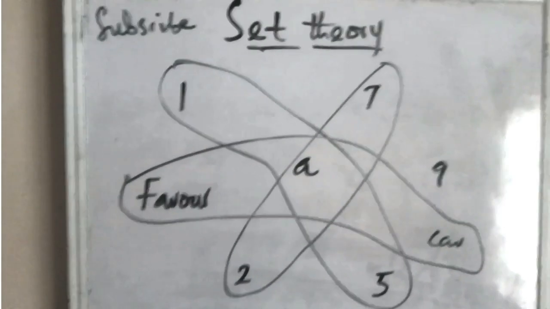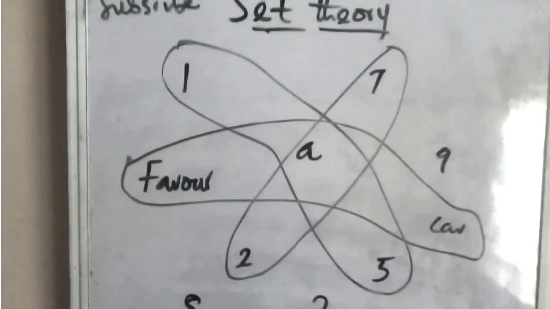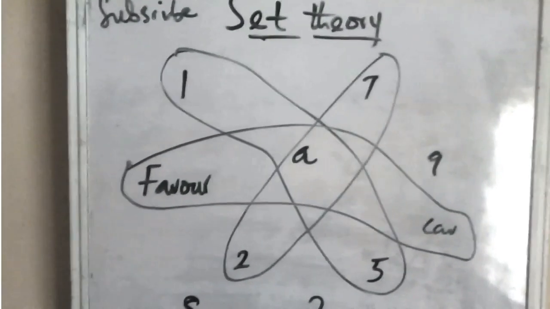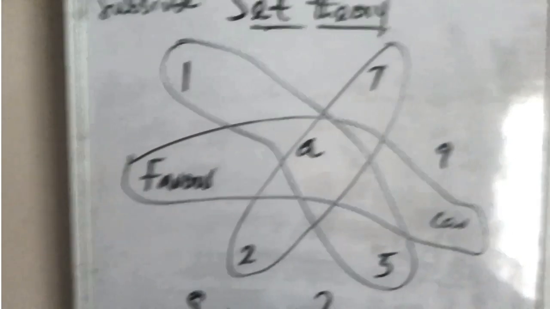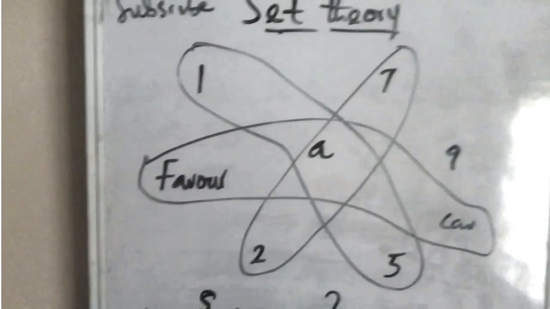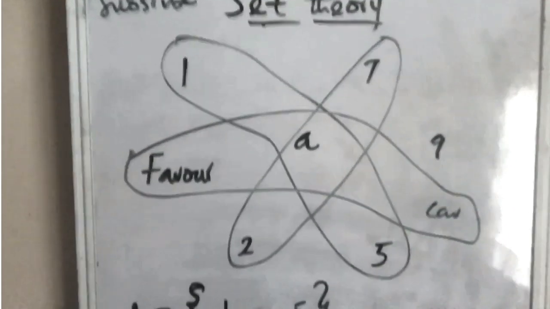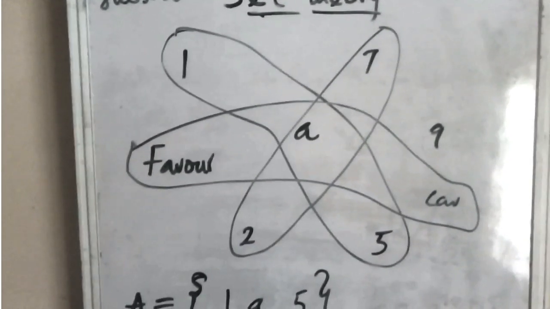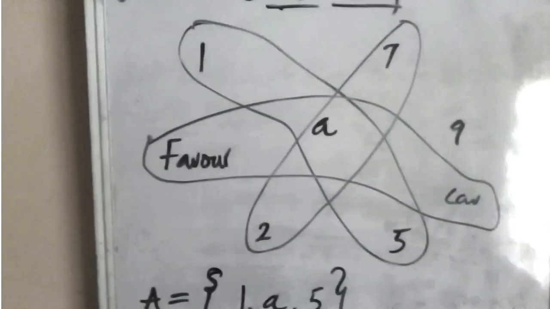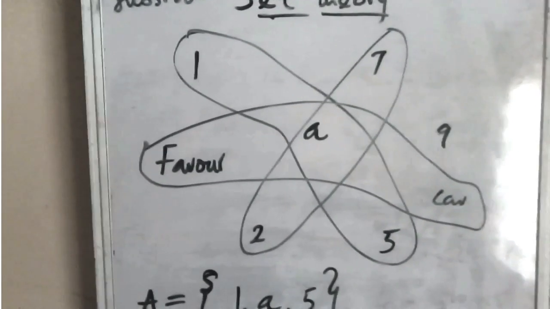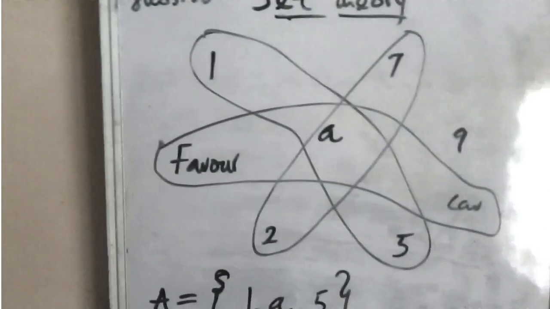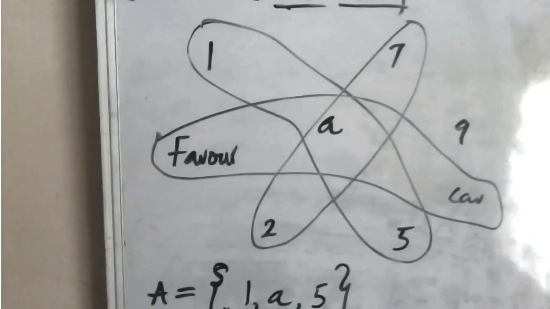If you look at the board, we have different objects. We have numbers 1, 7, and favor with a name of a person, alphabet A, 9, 5, and 2. Now you can see that 3 sets have been formed.